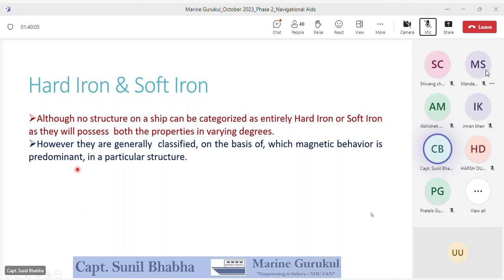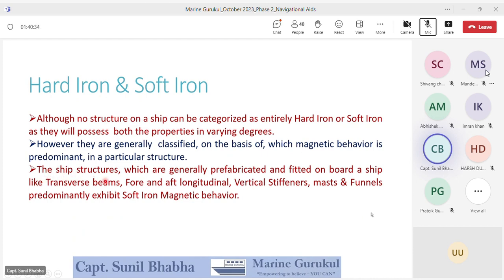Now in that mast we analyze and find out that 70% of it has soft iron magnetic properties and 30% has the hard iron magnetic properties. So since predominantly most part of it is a soft iron magnetic behavior part, we will term the mast as a soft iron structure.